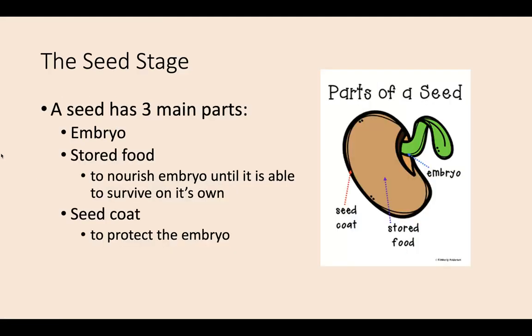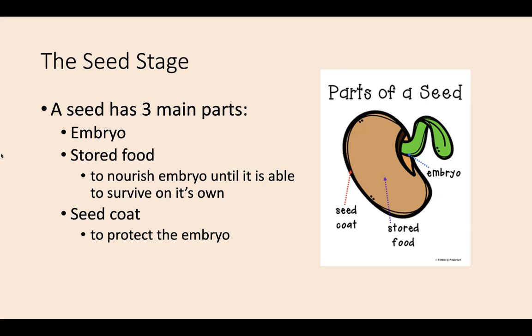The seed, remember, has three main parts. It has the embryo. That's the part that will actually grow into the new plant. It's like a fetus. It's going to grow into a baby. Then it has everything to protect and nourish the seed. There's a food store in there that's going to nourish that embryo until it can survive on its own.